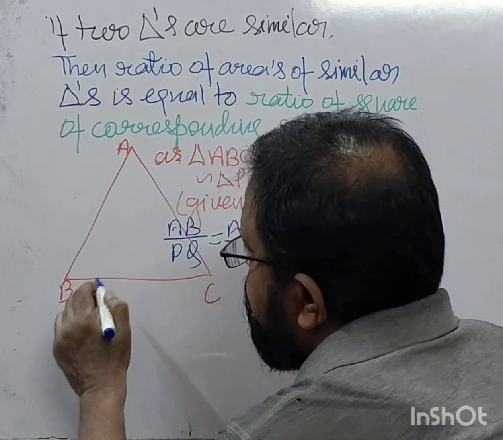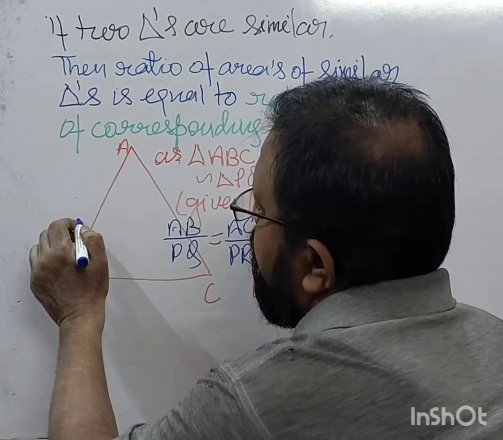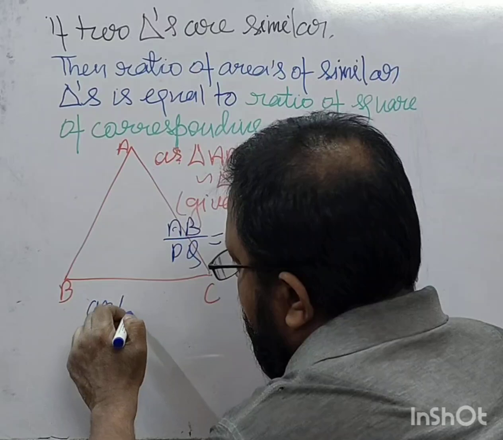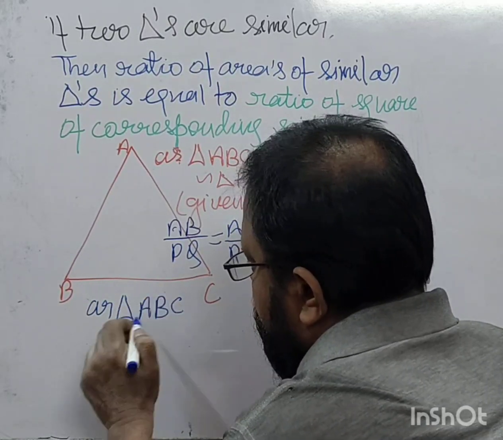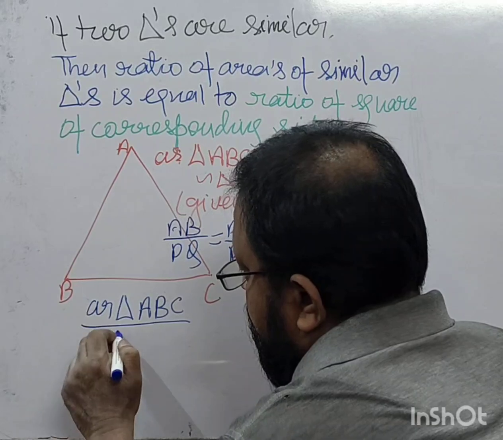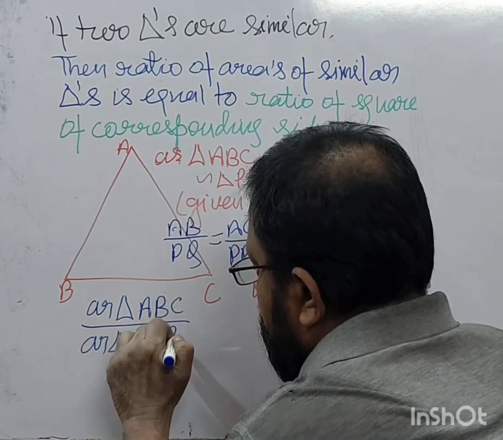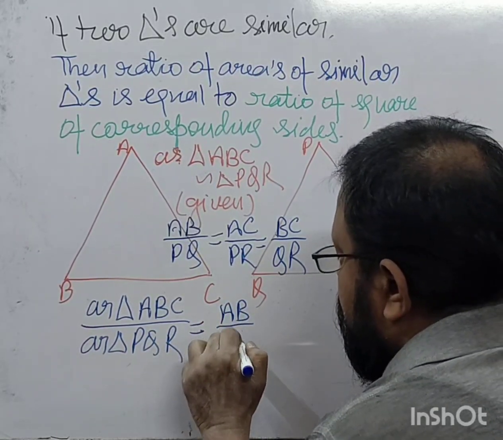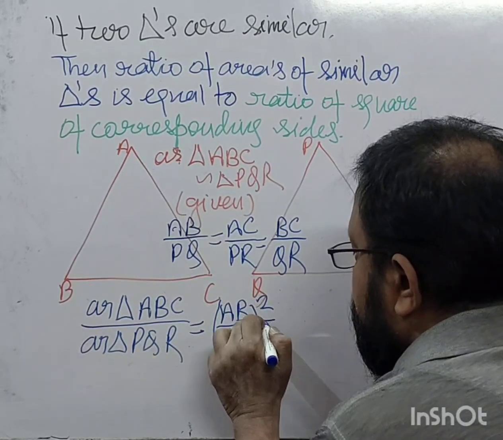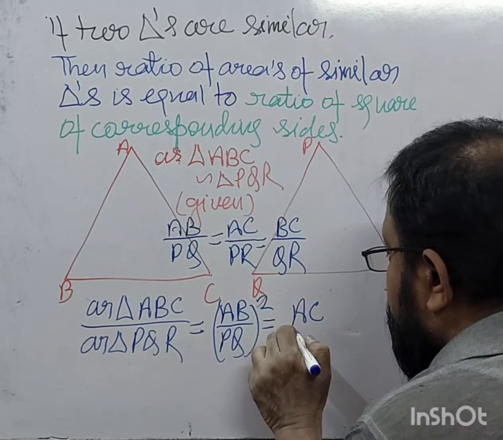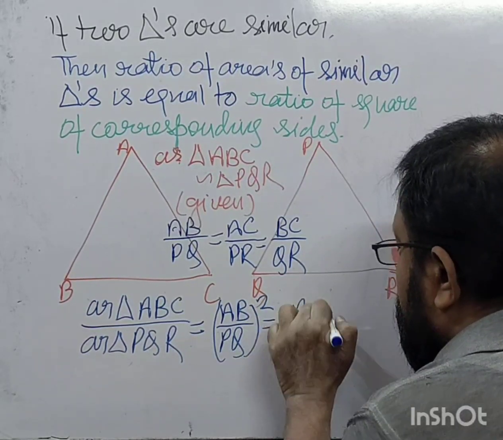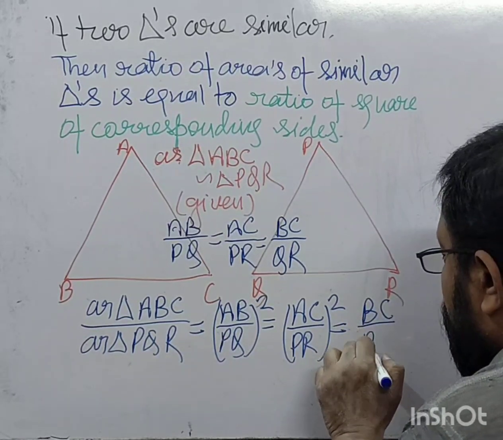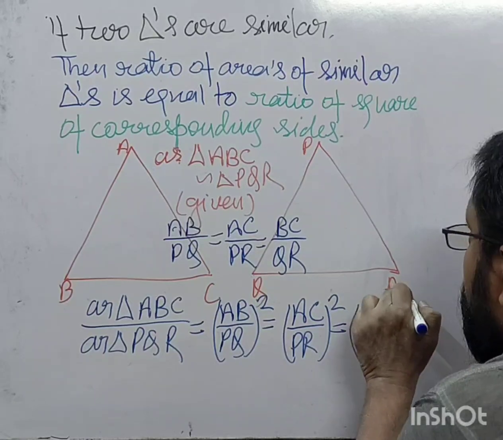So the ratio of area of triangle ABC upon area of triangle PQR is equal to AB upon PQ whole square is equal to AC upon PR whole square is equal to BC upon QR whole square.